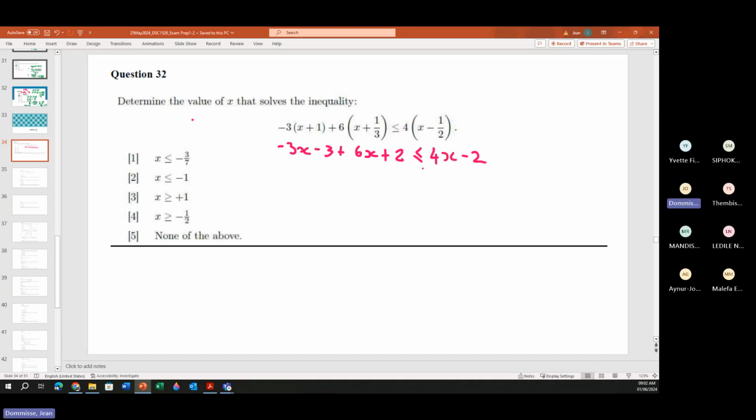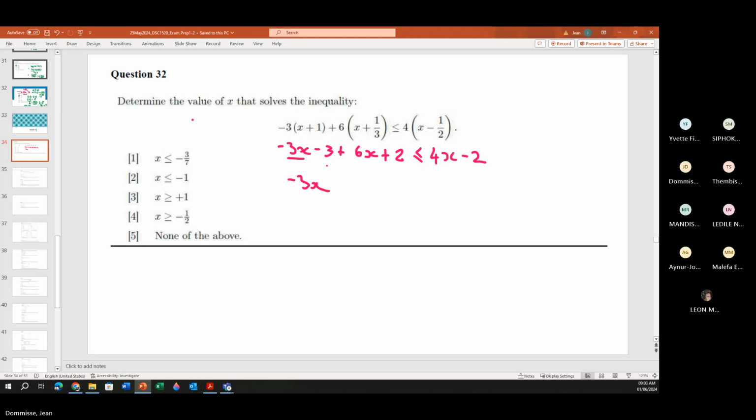Then I always like to take the x's to the left. So we've got minus 3x plus 6x. The positive 4x goes to the left when it is minus 4x.